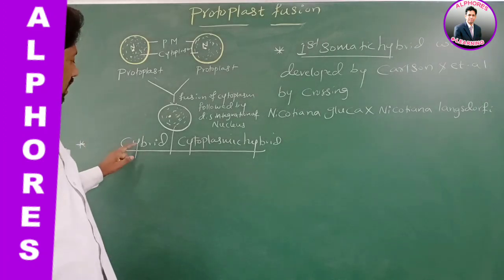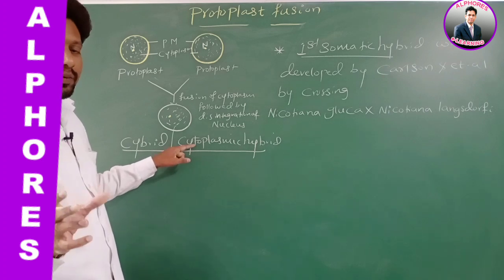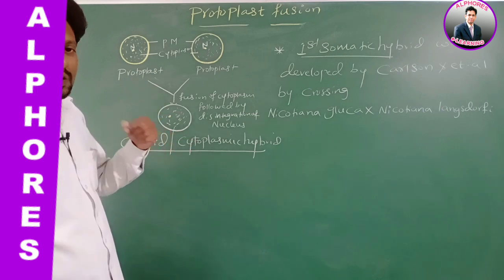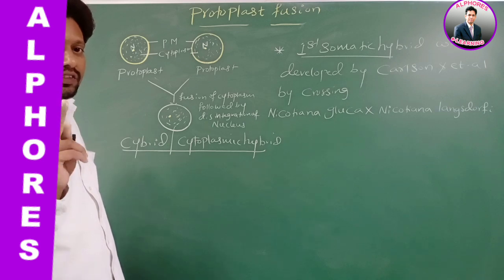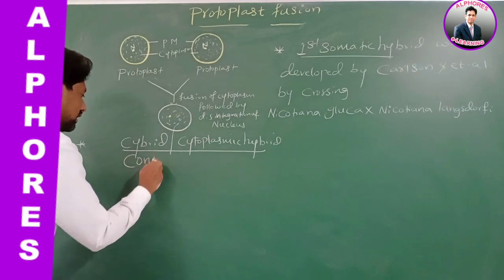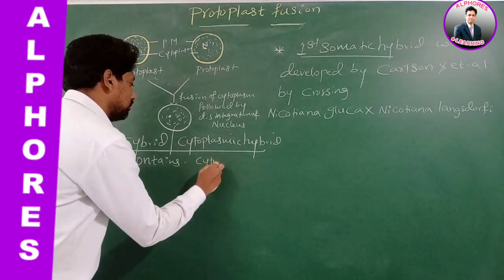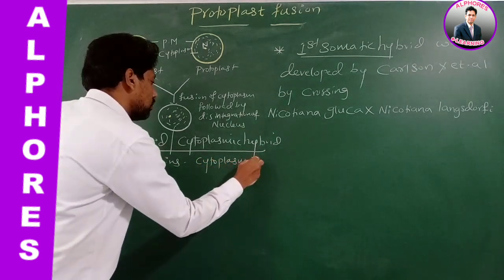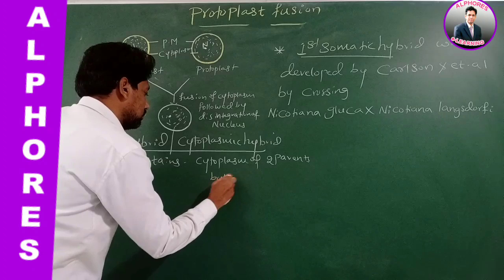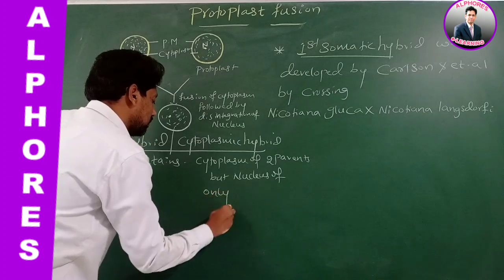Now you tell me, sir, how hybrid or cytoplasmic hybrid is formed? It is formed by the fusion of cytoplasm of 2 naked protoplasts. After cytoplasm gets fused, out of 2 nuclei, 1 nucleus gets disintegrated. Therefore, hybrid or cytoplasmic hybrid contains cytoplasm of 2 parents, but nucleus of only 1 parent.